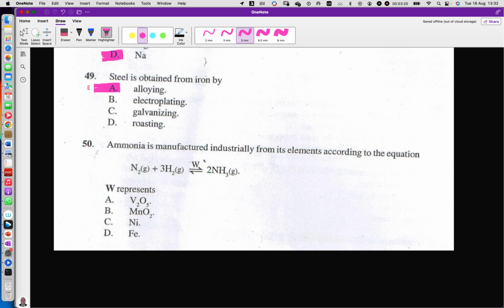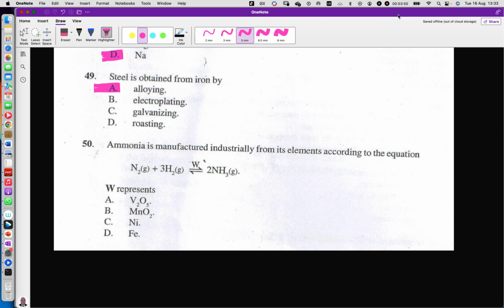Remember, in the industrial manufacture of ammonia, nitrogen and hydrogen are passed over a catalyst.